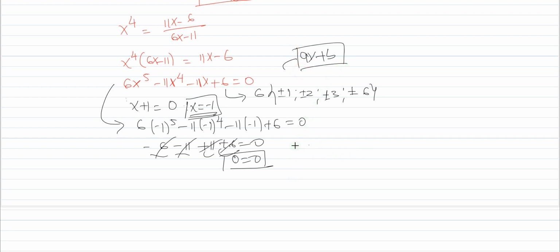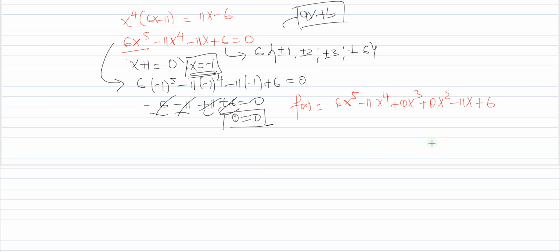This is our function, f of x equals 6x to the 5 minus 11x to the 4 plus 0x cubed plus 0x squared minus 11x plus 6. And why am I putting 0 here? Because to use Ruffini's method, we have to complete our function.